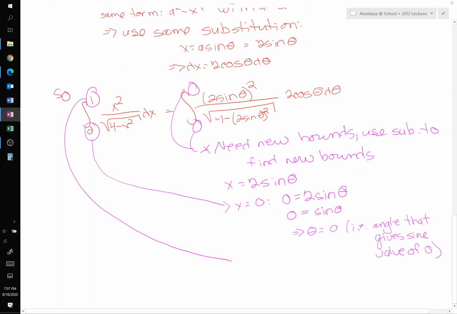Now, when x equals 1, we have 1 is equal to 2 sine theta. Dividing both sides by 2, we get 1/2 is equal to the sine of theta.